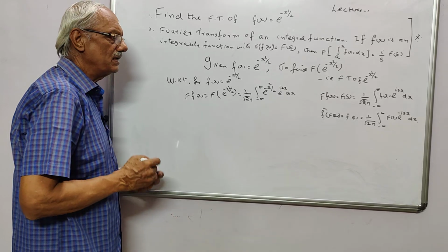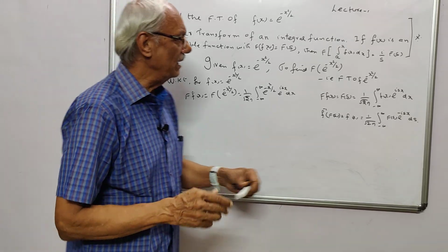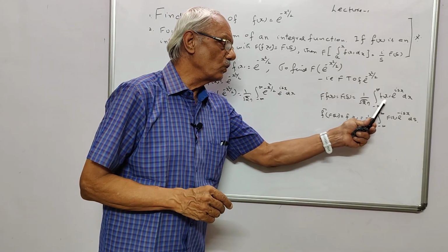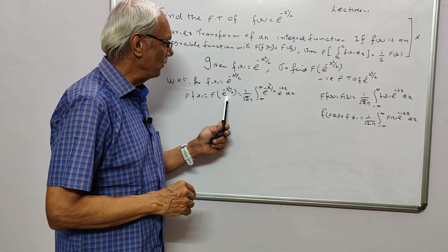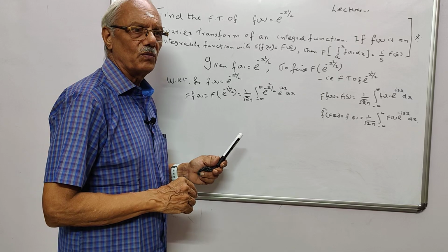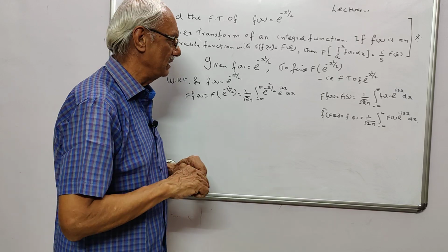I have not done anything here except apply this formula. This is nothing but the Fourier transform of any function. Here f of x happens to be e to the power of minus x squared by 2. So I have written it here.